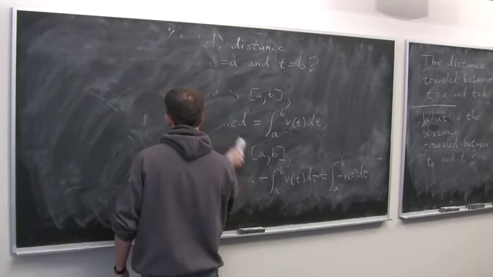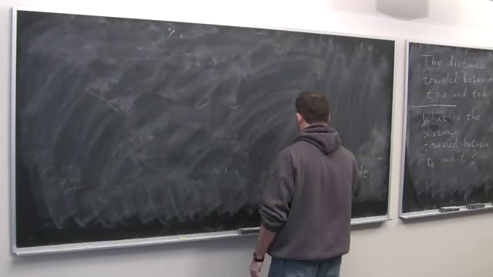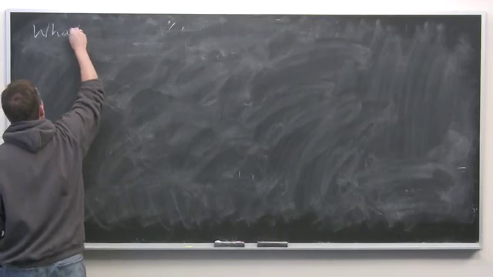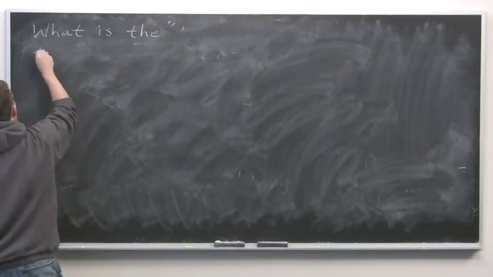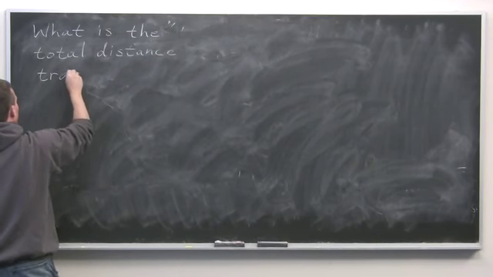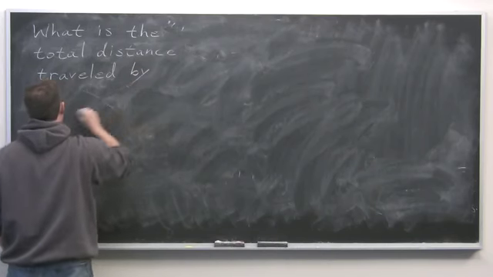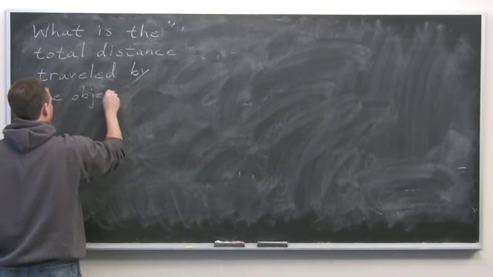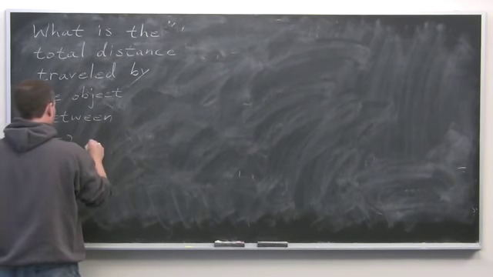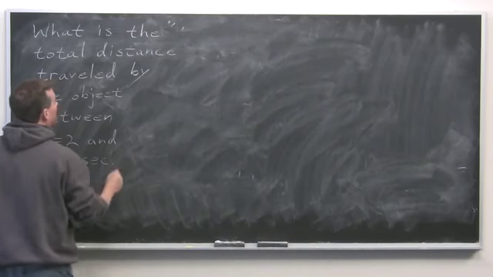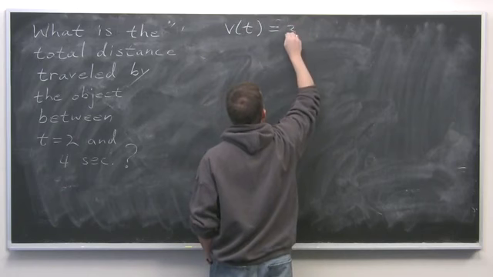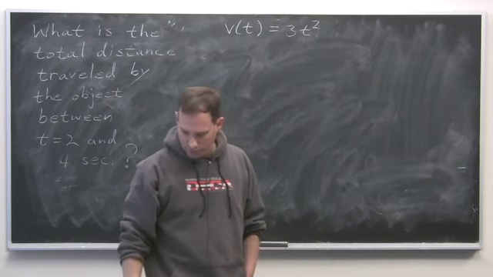So, let's find what is the total distance traveled by the object between t equals 2 and t equals 4, and I should have said that I'm once again back in the case of the previous example, where v of t was 3t squared minus 12t plus 8.